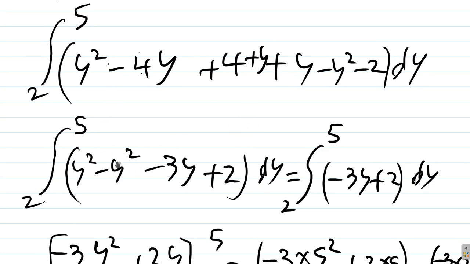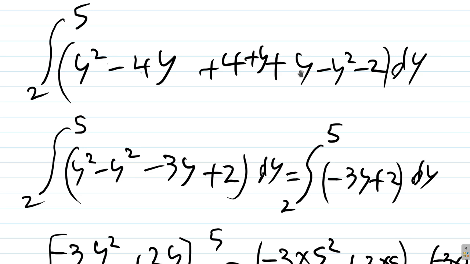So this is y squared minus this y squared. Alright, the y is now minus 4y, negative 4y, plus y is negative 3y, plus y is negative 2y. It should be negative 2y. Then 4 minus 2 is 2.